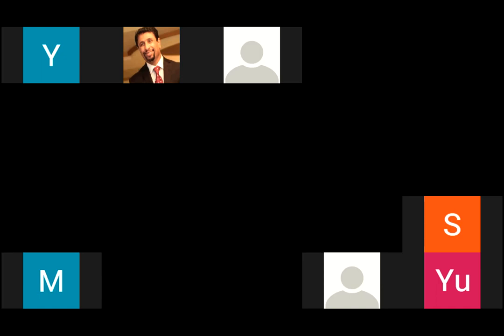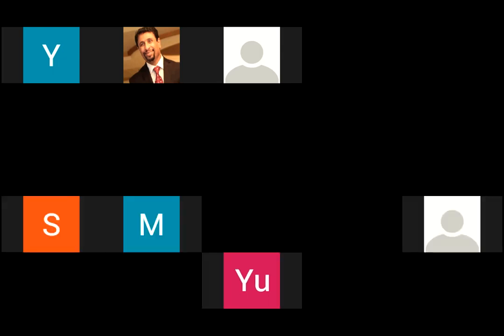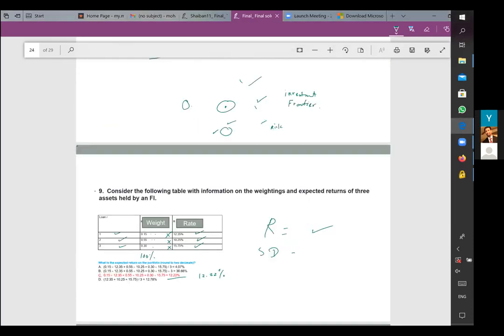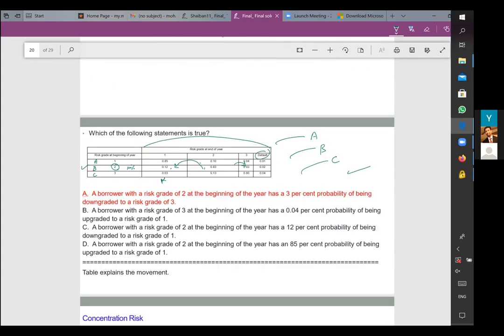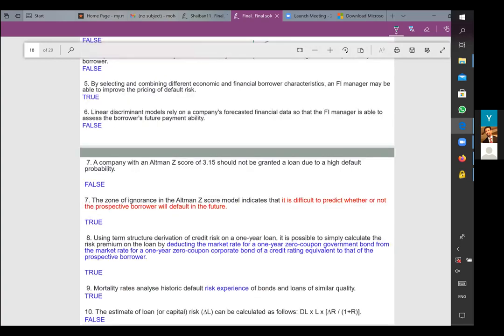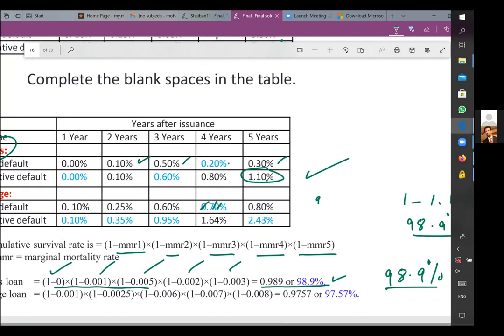Melvin, you still there? He is asking how to get the 69%.